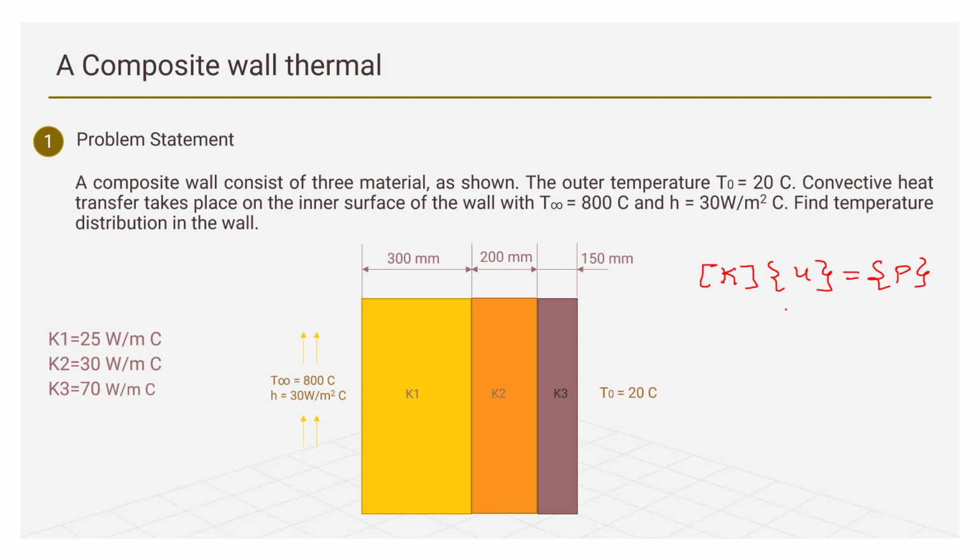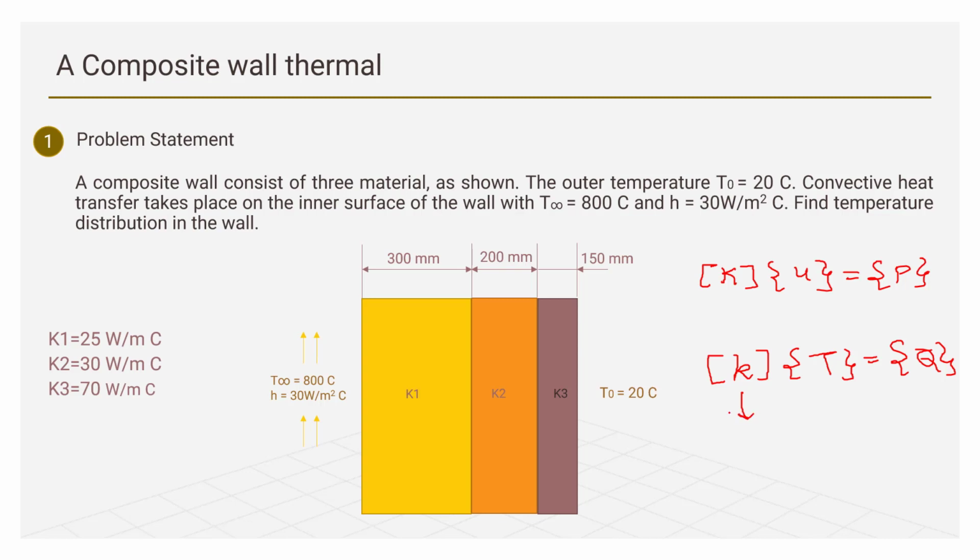When we talk about heat transfer, the matrices change. It becomes K into the temperature matrix, let's say T, equals Q, the heat transfer rate.